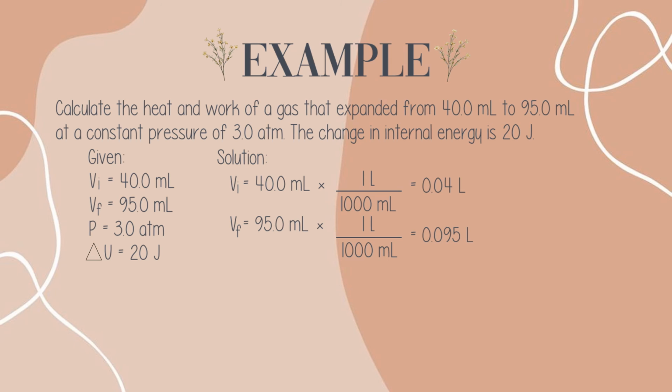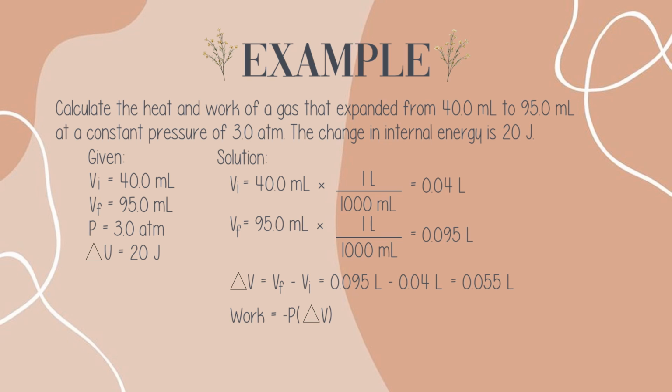Next, we need to find the change in volume, which is final volume minus initial volume. So this is equal to 0.095 liters minus 0.04 liters, which is equal to 0.055 liters.